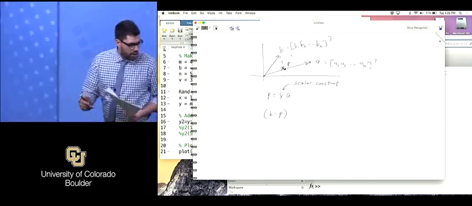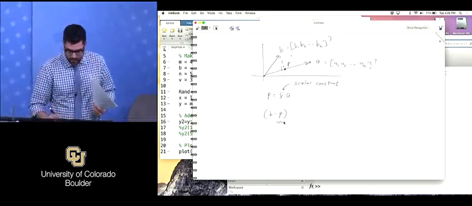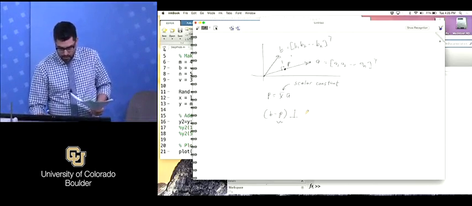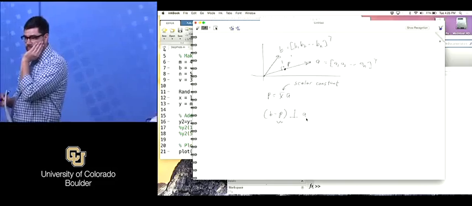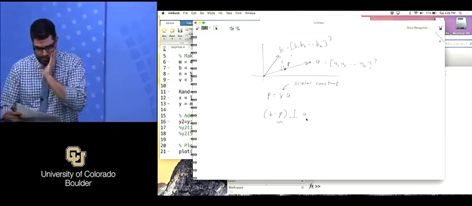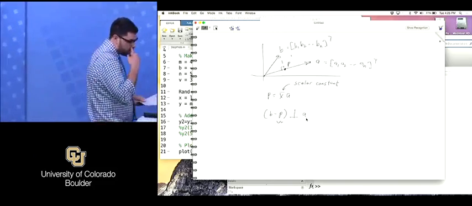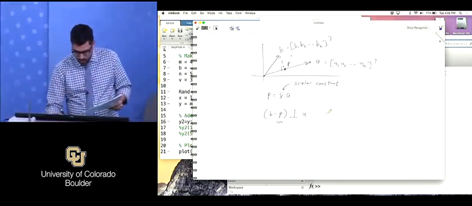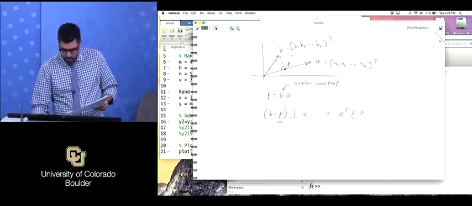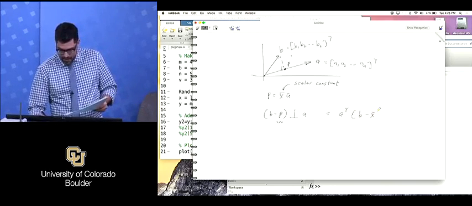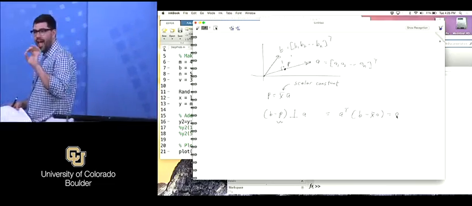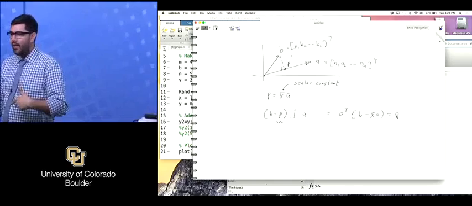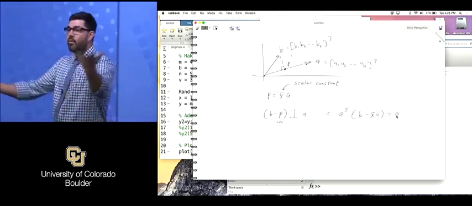And I'm looking for the point P where this is perpendicular to A. So now I can use inner products: A transpose (B minus x hat A). I'm trying to solve for x hat such that that inner product is 0.